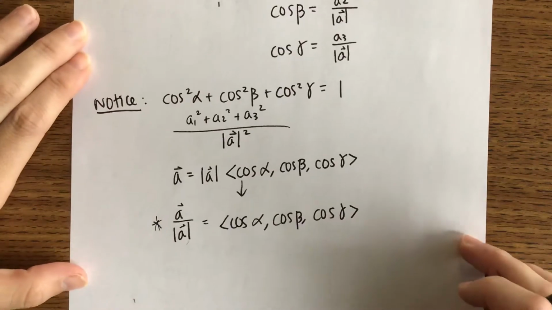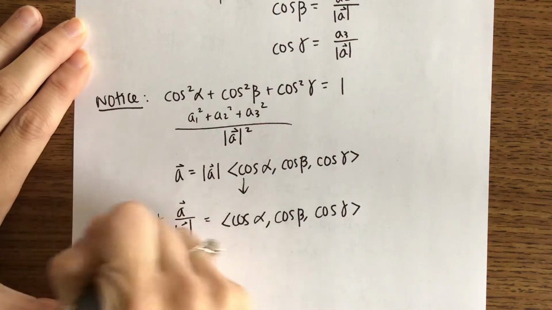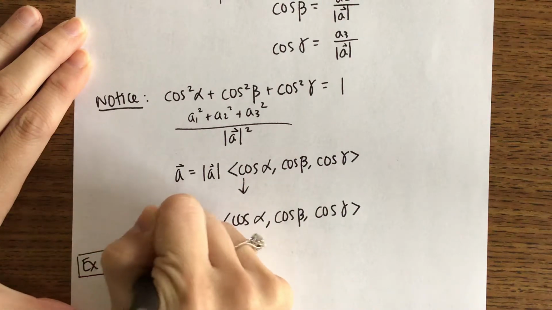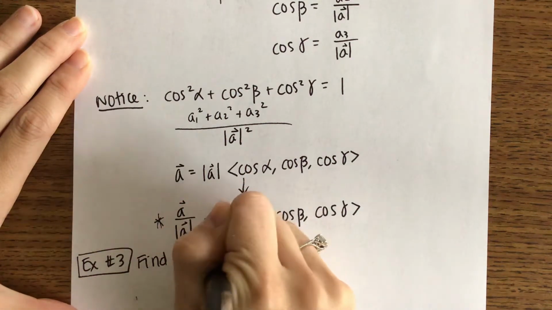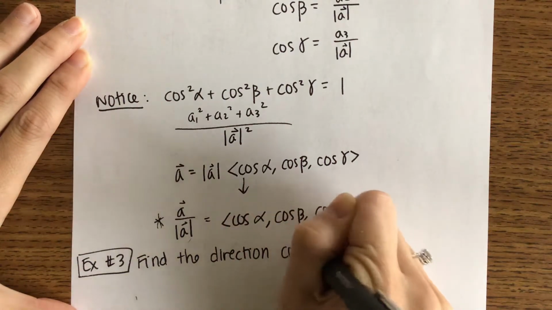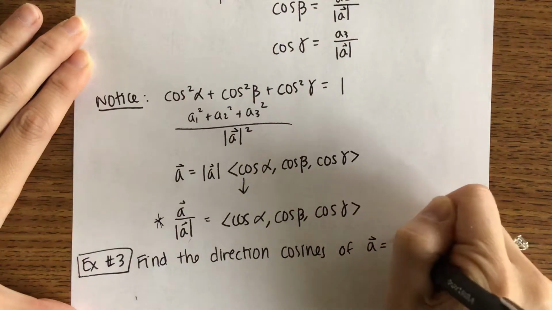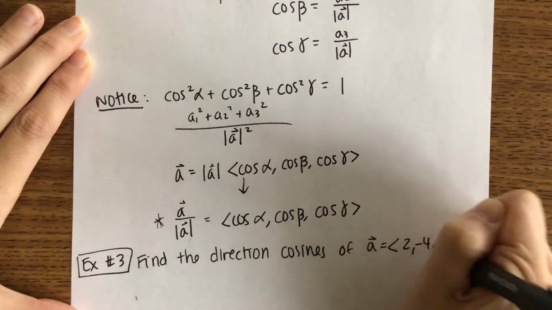Okay, next example. You are going to find the direction cosines of vector A, which is 2, -4, 4.